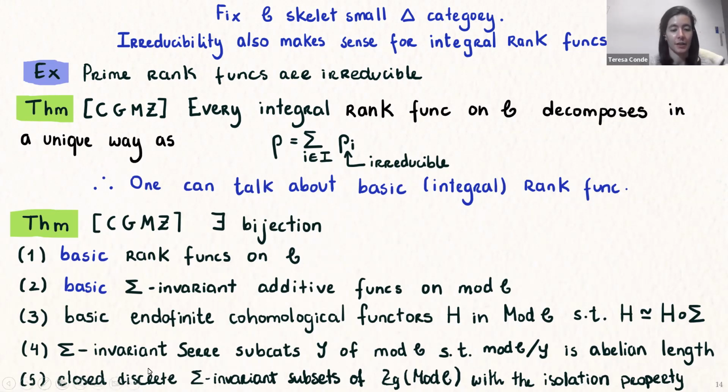And now again, sigma invariant subsets means closed subsets of the Ziegler spectrum such that, well, if we apply sigma star to the whole set, we get back the same set again.